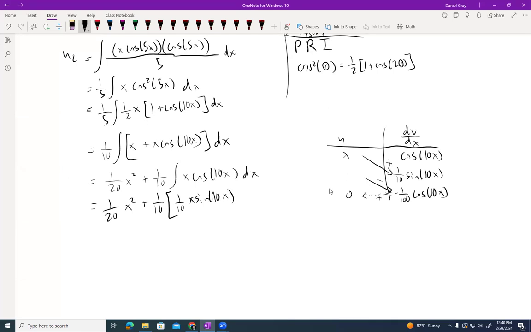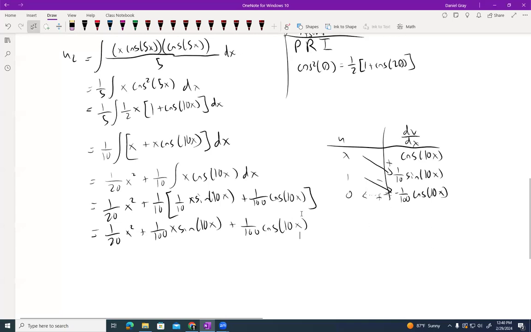And then minus a negative, so plus 1 over 100 cosine of 10x, plus an arbitrary constant term, which is just 0. So I get 1 over 20 x squared plus 1 over 100 x sine of 10x plus 1 over 100 cosine of 10x. All right, and there we have it.